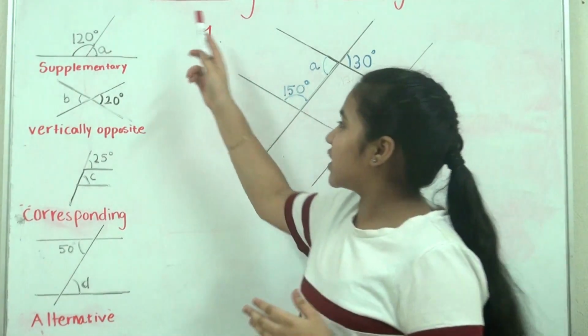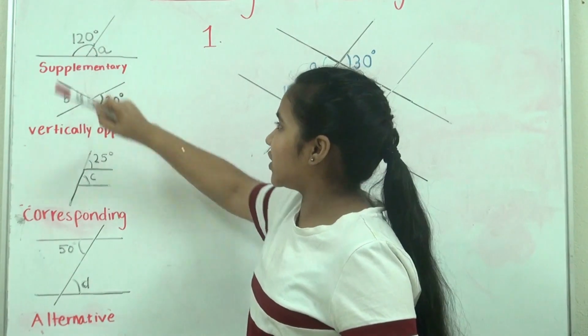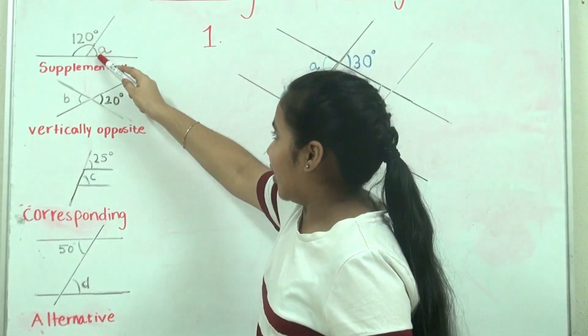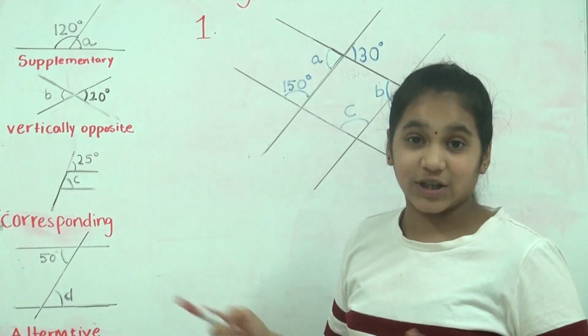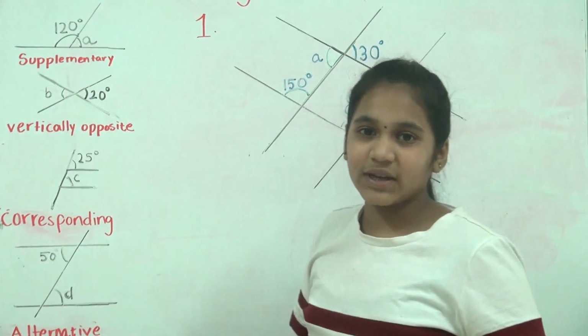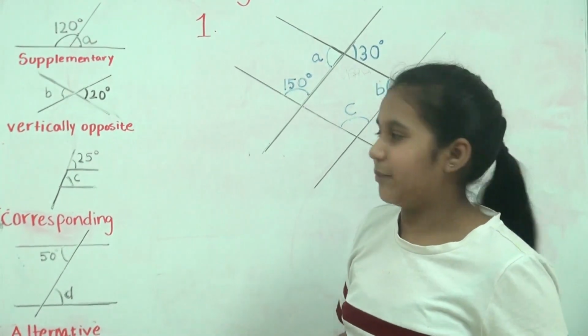So if there's a part of 180 degrees which is labeled as 120, and if you need to find the angle of A, you could subtract 120 from 180, which would give you the answer for A. So now, in supplementary, you found the angle of A.